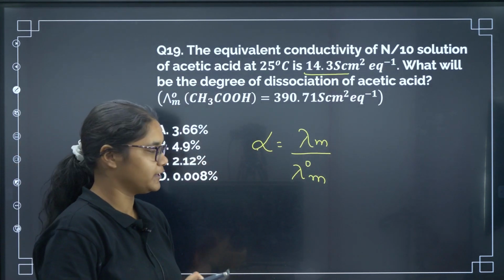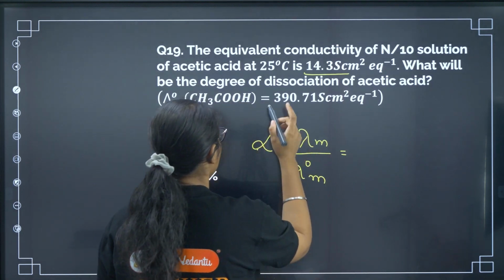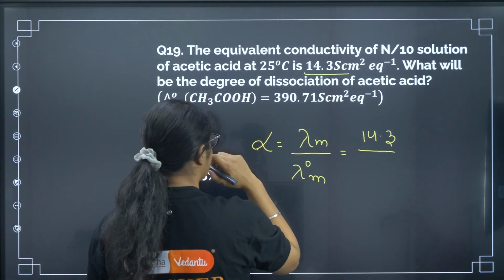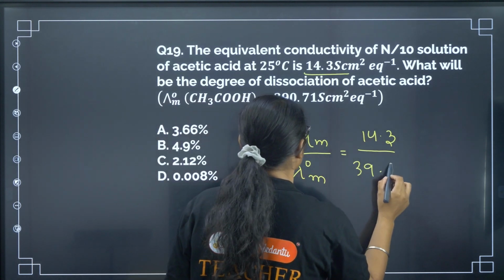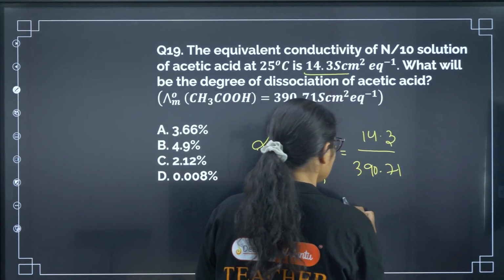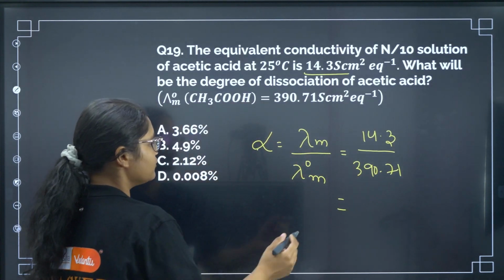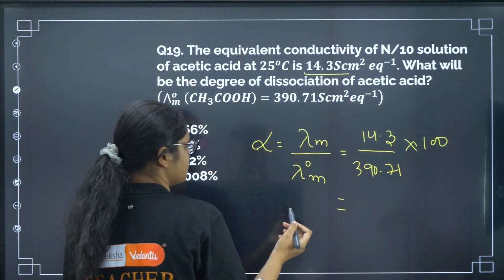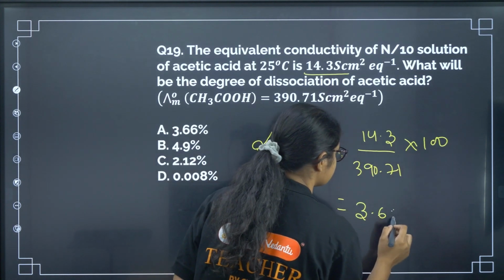So we can use them alternatively. So lambda m value is given to you as 14.3 and lambda naught m is given as 390.7, right? So just divide this and multiply by 100 for percentage. If we solve this, we'll get around 3.66%.